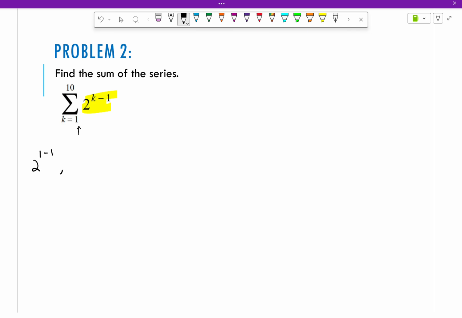Then the next number in the series would be 2 to the 2 minus 1, then 2 to the 3 minus 1, plus 2 to the 4th minus 1, plus and so on. And then it ends at 10, so it would go all the way until I get to 2 to the 10 minus 1.